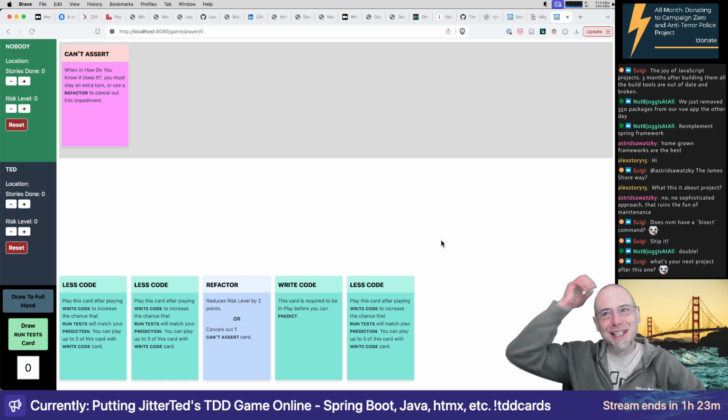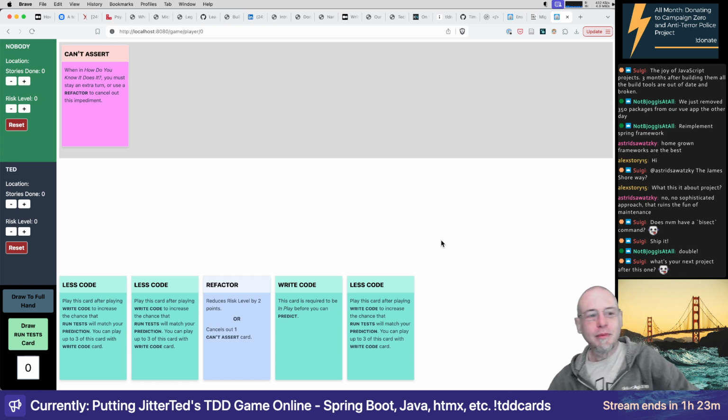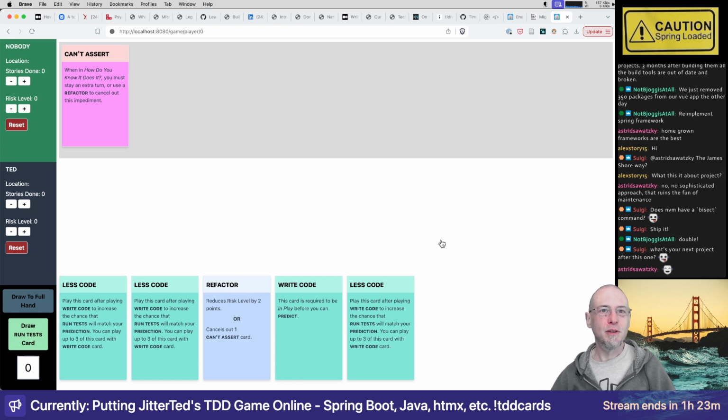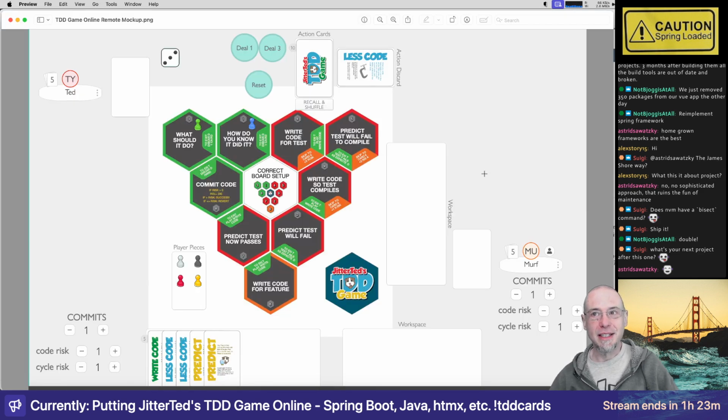What's my next project after this one? One of the problems with this layout is there's no room for the board. And that's kind of a problem. So with my mockup, and this goes back to answer Alex's question, what am I doing? Basically, I'm implementing this game. Right now, it's a physical version. I want to create an online version.